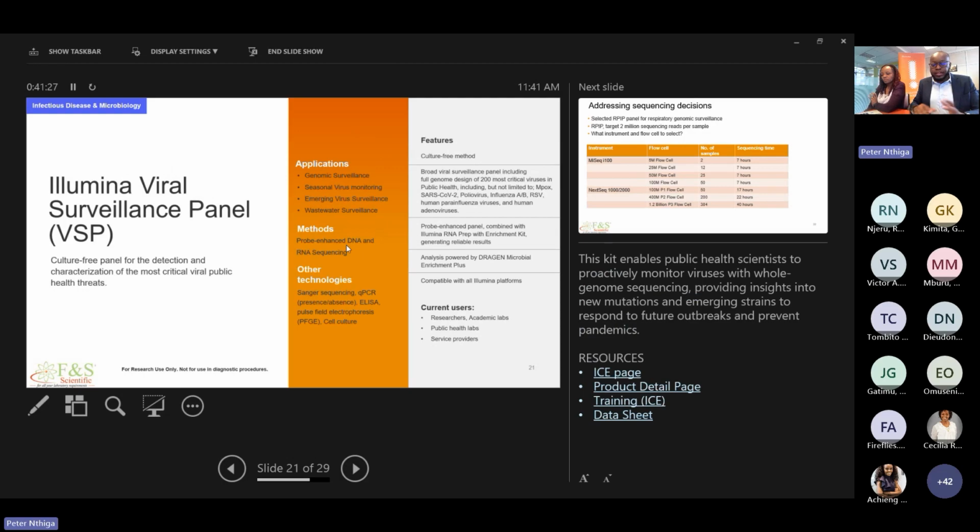If your aim is to look at the viruses that are circulating, for example, we have the viral surveillance panel, which covers quite a broad spectrum of viruses, over 200 viruses, and again, the data analysis for the data generated for this approach is readily available on Illumina's cloud solution.